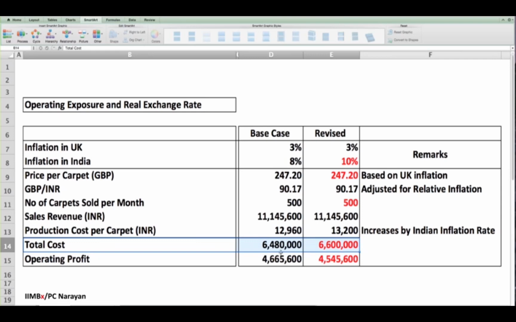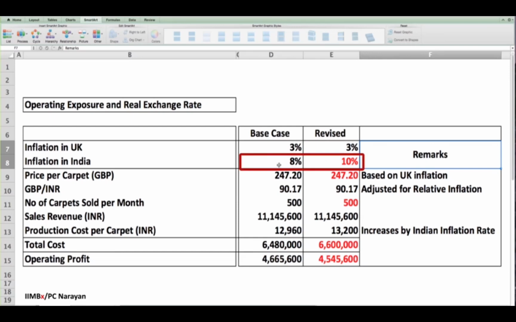In effect, therefore, the operating profit for the Indian exporter of carpet goes down from 4.66 million to 4.54 million. Now, this reduction is exclusively because of a factor that is completely beyond his control, which is an increase in the inflation rate in the country from 8% to 10%.